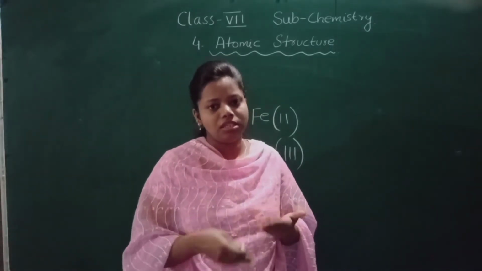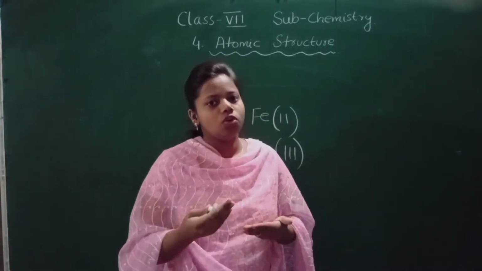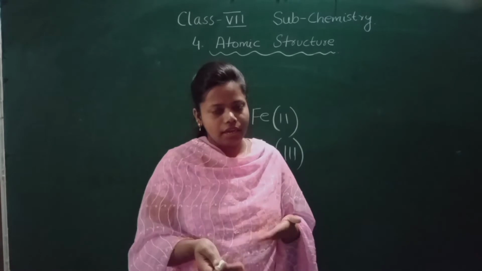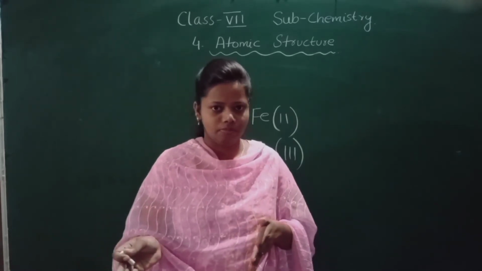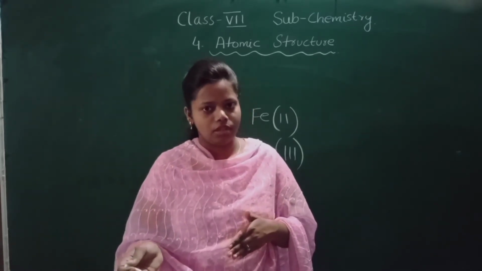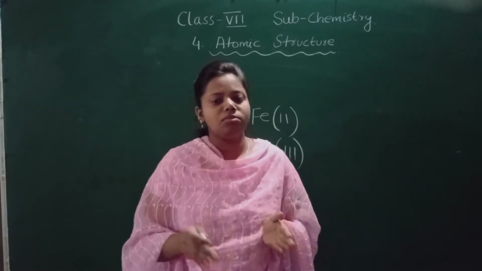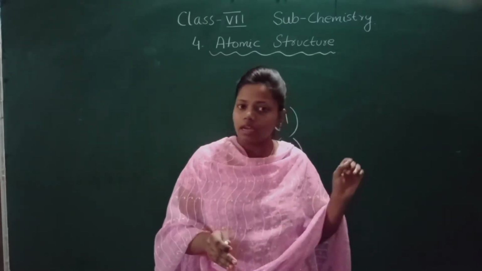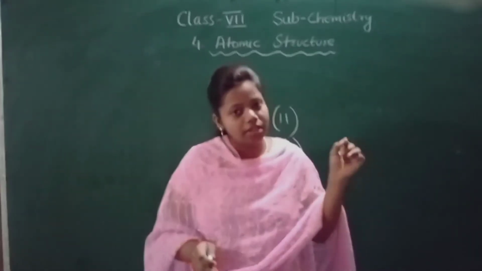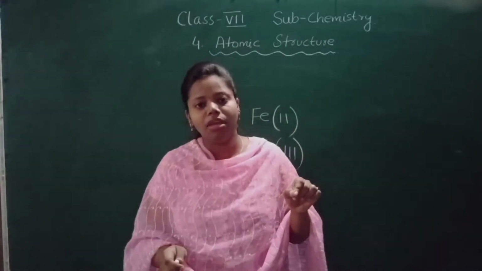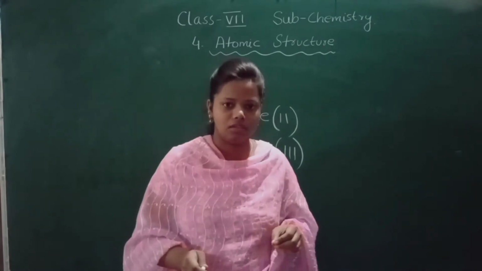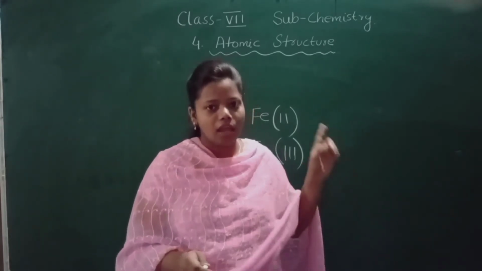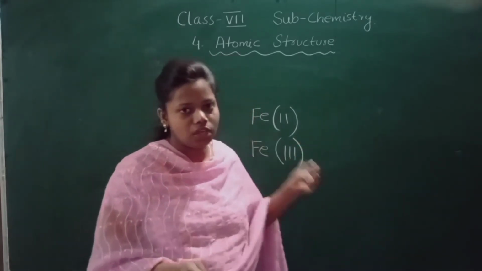But by further studies it was found that the atom is divisible. That is, the atom is made up of 3 subatomic particles. I will teach you one by one with their charge.